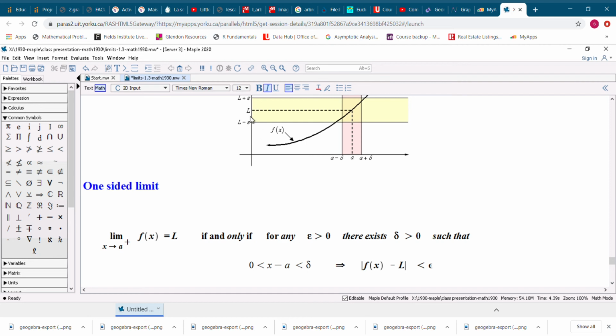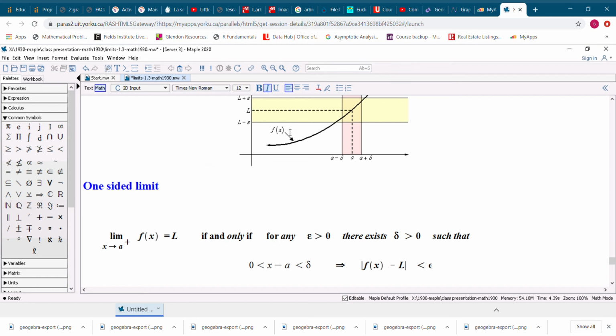Similarly from the left: for any epsilon, as small as it is, each time we choose an epsilon, we can find a delta, a small interval, so that to the left of A, all the x's take f(x) values inside the interval (L minus epsilon, L plus epsilon).